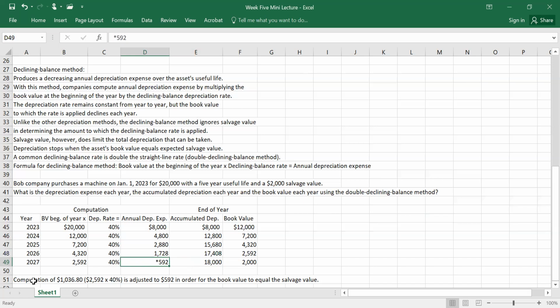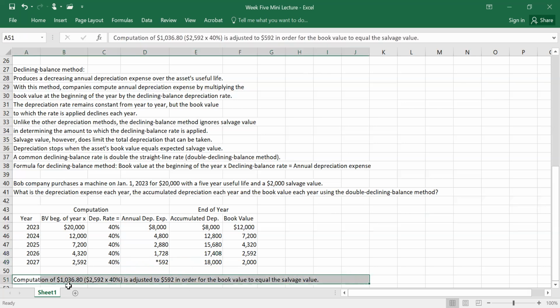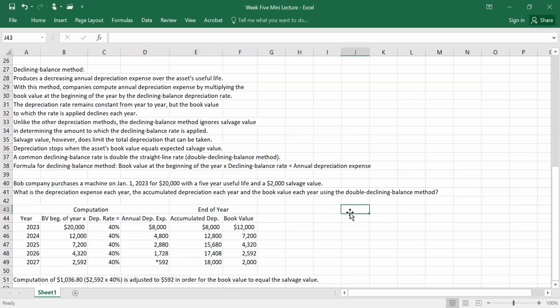Another way, of course, is to compute what the actual depreciation expense is, just so you know if it's under or over. There are different ways you can come up with this 592. Another way is to just remember that you've got 17,408, and your accumulated depreciation is going to be 18,000. 18,000 minus 17,408 is 592.